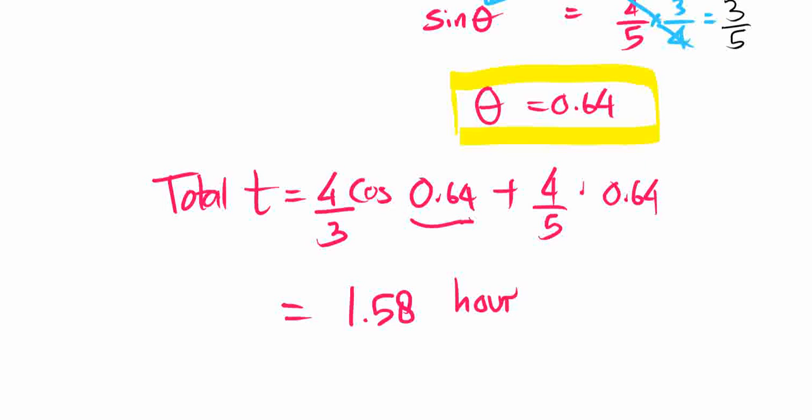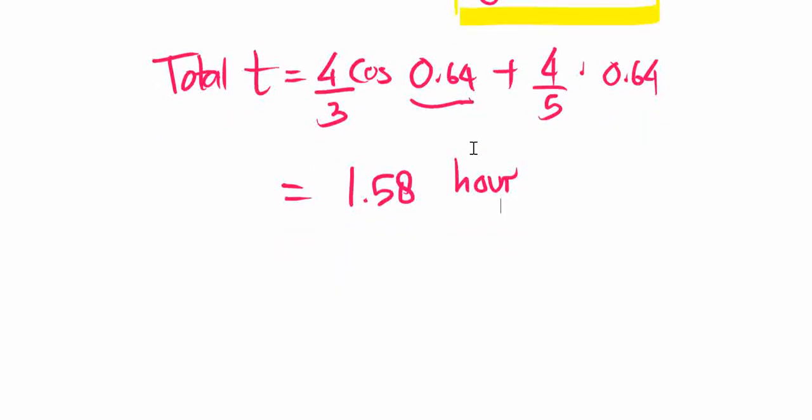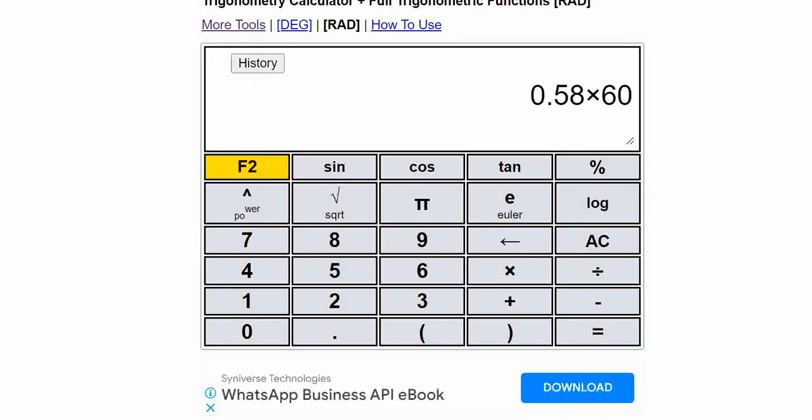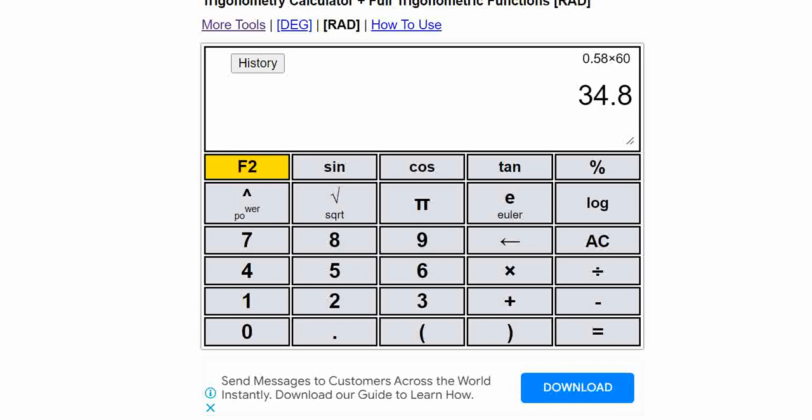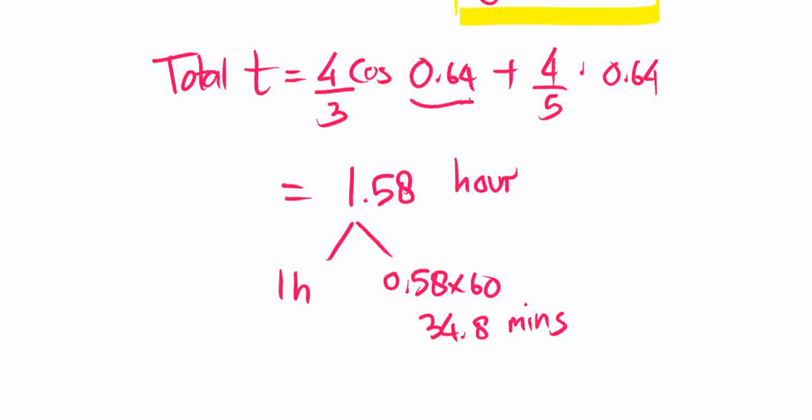Now if we convert this to minutes and seconds, it will be 1 hour, and 0.58 times 60 minutes. We get 34.8 minutes. So it will be 34 minutes, and 0.8 times 60 to get the seconds.